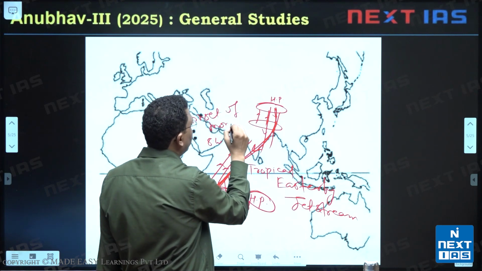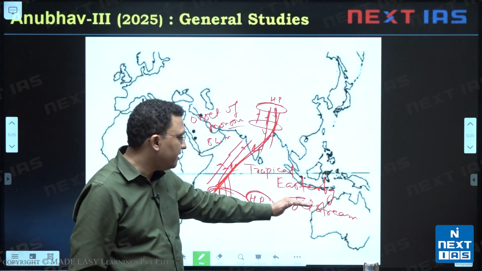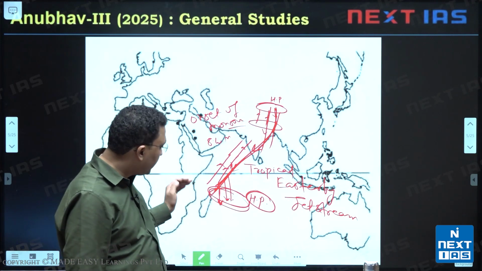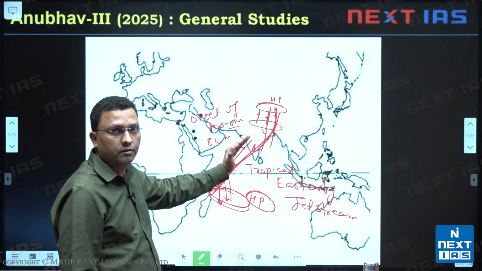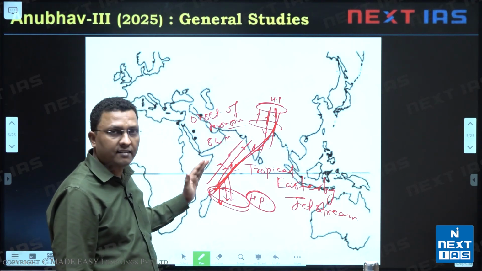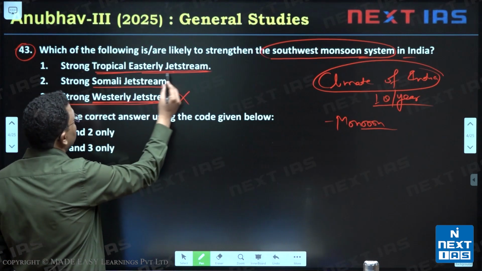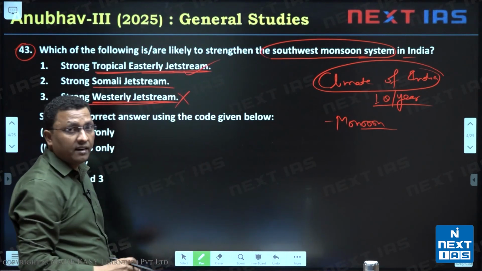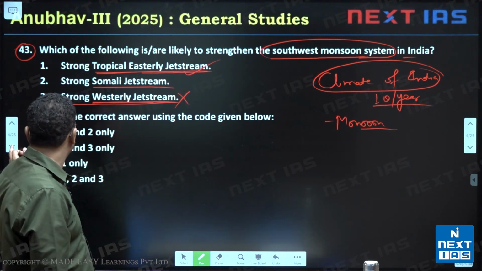So that means if the tropical easterly jet stream is stronger, it will create a stronger high pressure and give a stronger push to the southwest monsoon, so it will strengthen the southwest monsoon. So this one is correct. A strong tropical easterly jet stream will actually strengthen the southwest monsoon.